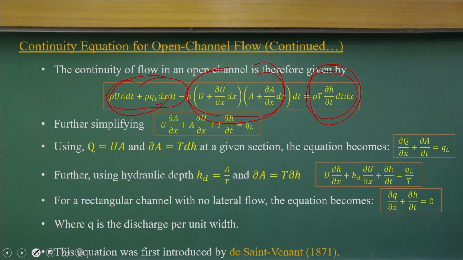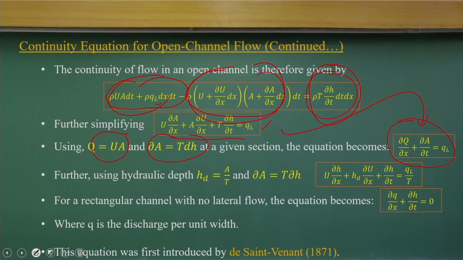If you simplify it, it comes like this. If you simplify these equations, and write Q equal to U A, and area as top width times dh, then this equation is again simplified as a transport equation: the partial derivative of Q in the x direction plus the area derivative with respect to time equals QL.